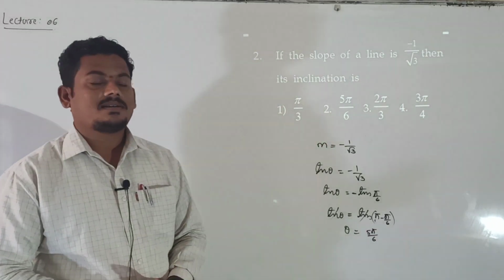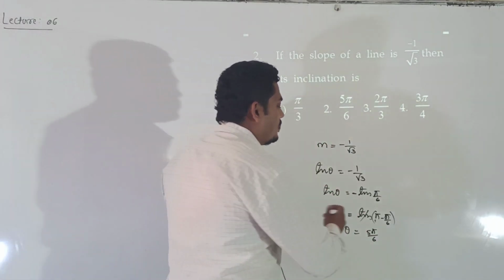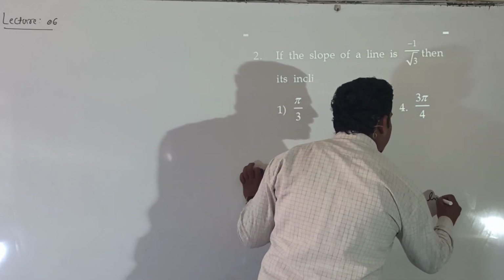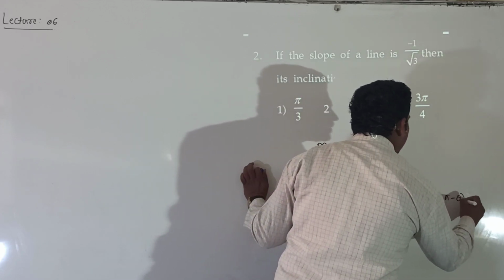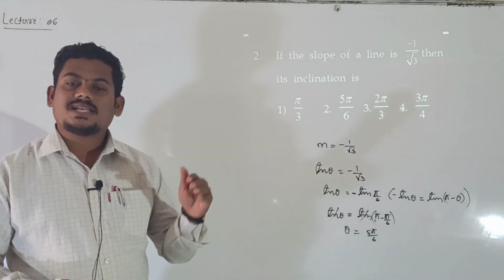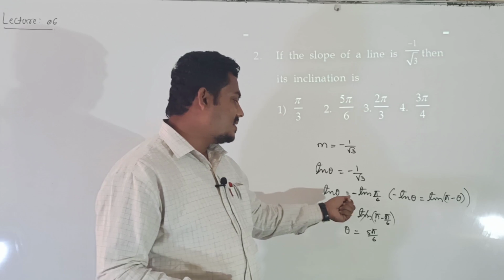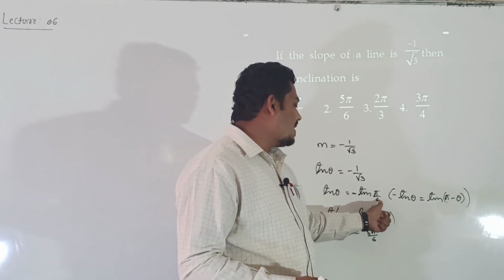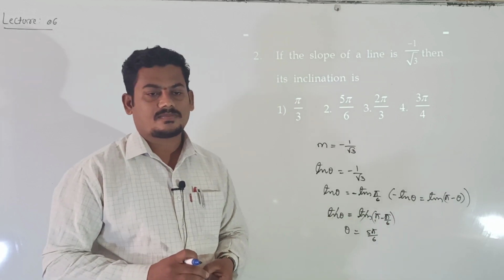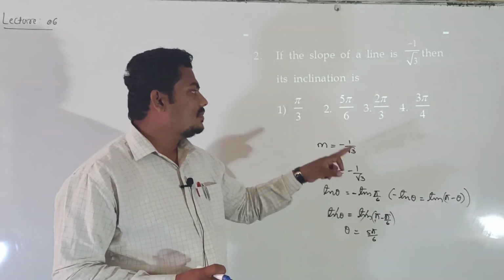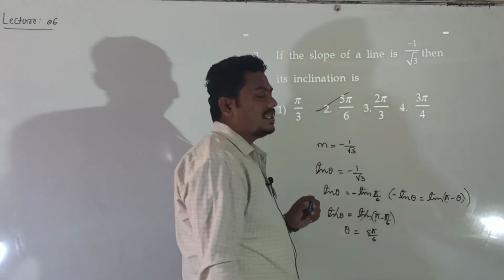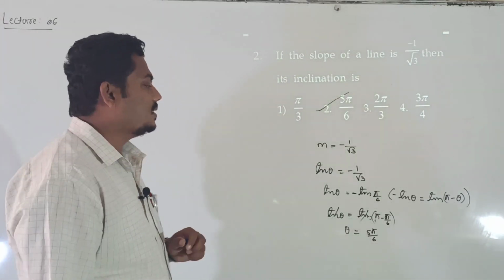Minus tan theta can be written as tan of 180 minus theta, right? From trigonometry, tan of 180 minus theta is minus tan theta. For that reason I will write minus tan pi by 6 as tan of pi minus pi by 6. So the inclination of the line is 5 pi by 6, means 150 degrees. That is the second option, right?